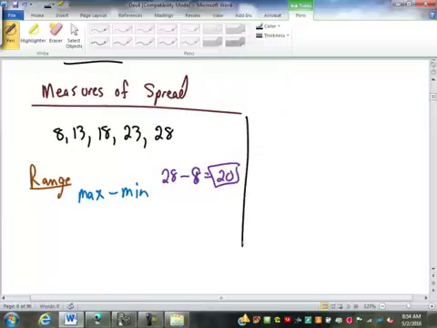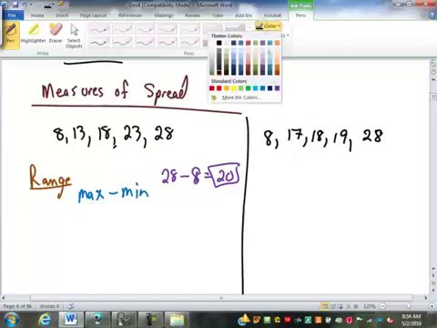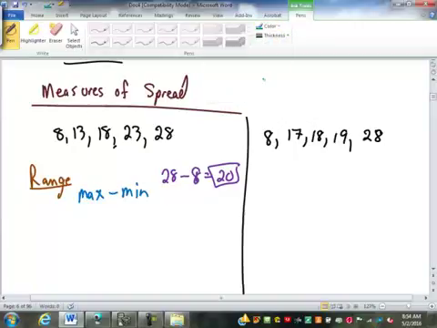Here's our problem. I can construct a set of data here. Would you say that one is more or less spread out than this one? Less, because the numbers are concentrated in the center here. But what's the range of this one?